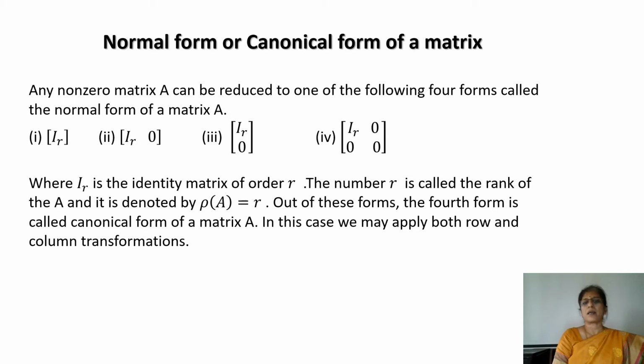The number r is called the rank of the matrix A and it is denoted by rho of A. Out of these forms, the fourth form is called the canonical form of a matrix A.